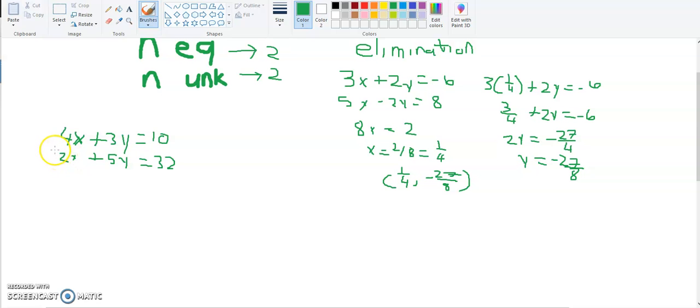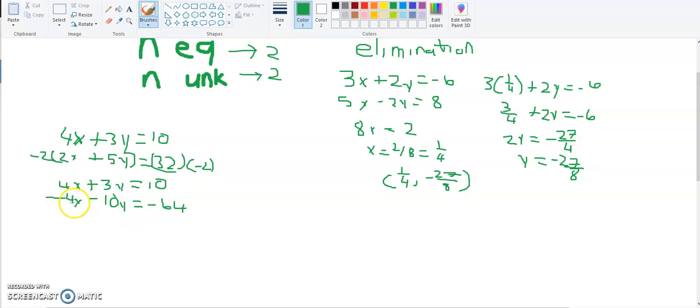So I can multiply this entire equation by -2, and I also have to multiply the other side by -2 in order to keep it balanced. So now my system is 4x plus 3y equals 10, and -4x minus 10y is equal to -64.